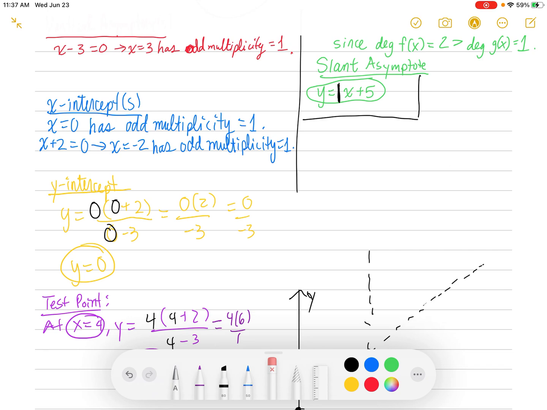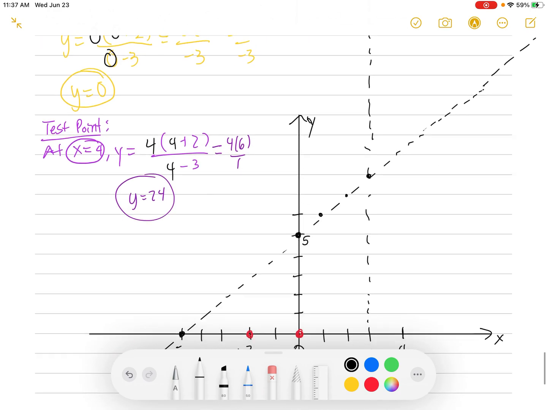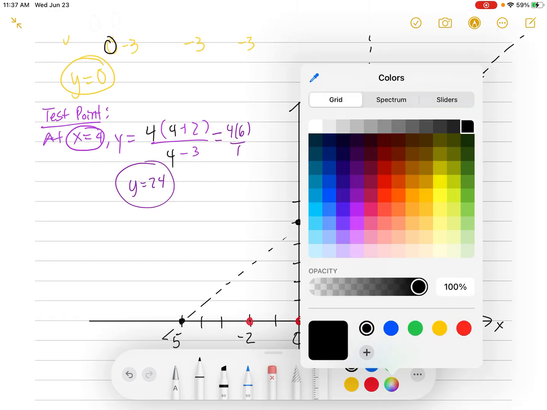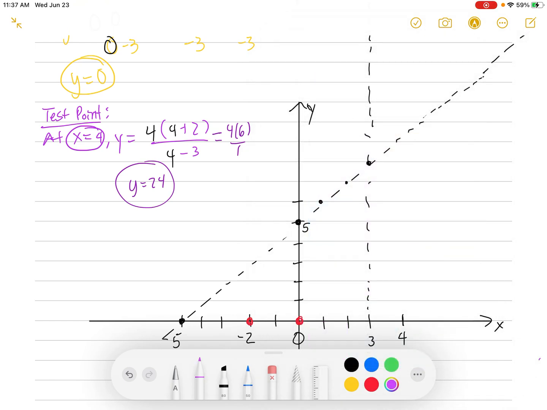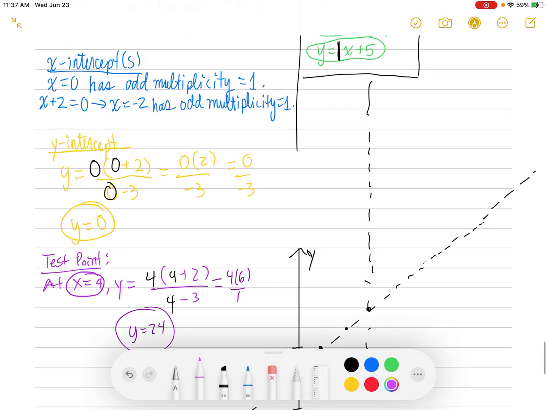That'd be like way up here. Okay, so I just don't have enough space on this. We're not super concerned with super precise accuracy. But if you can imagine 4, 24, where that would be, you go to 4 on the x and 24 on the y, that would be like way up here. So your graph is going to do something like this.